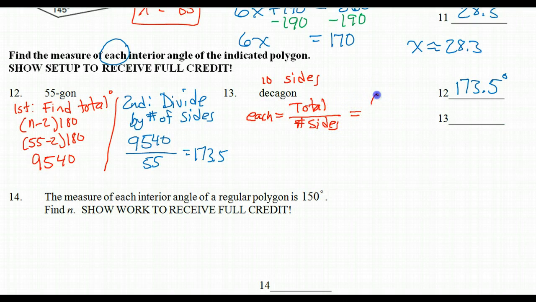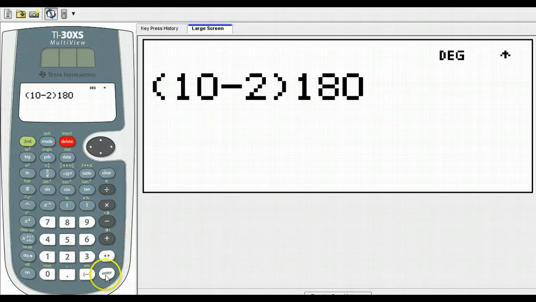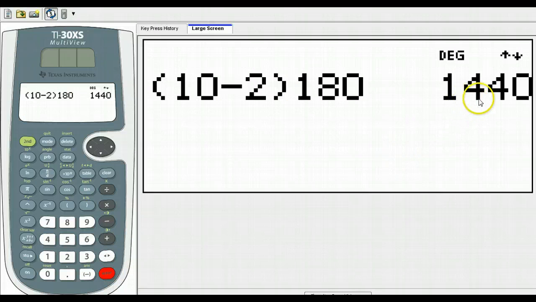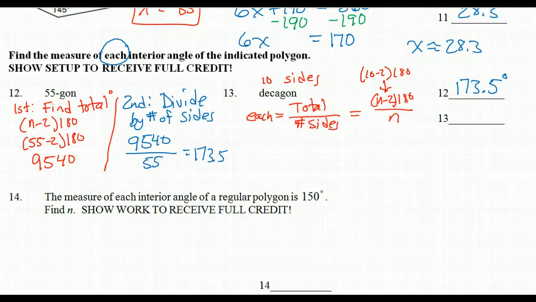And for the total, of course, I'm going to do n minus 2 times 180, divided by the number of sides. So this is a decagon, so this would be 10 minus 2 times 180. Looks like this, 1,440. So that's the total.